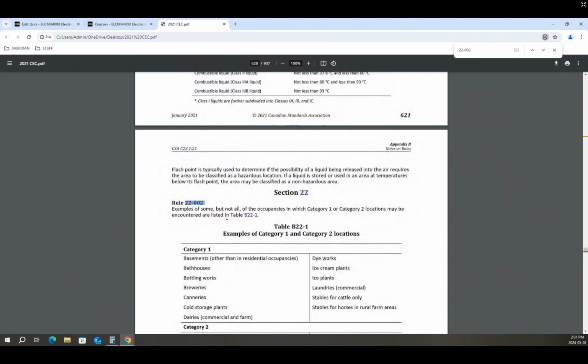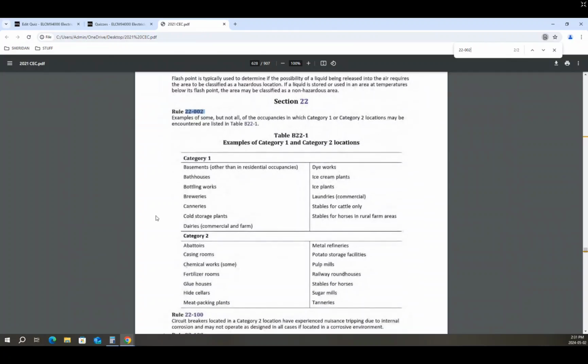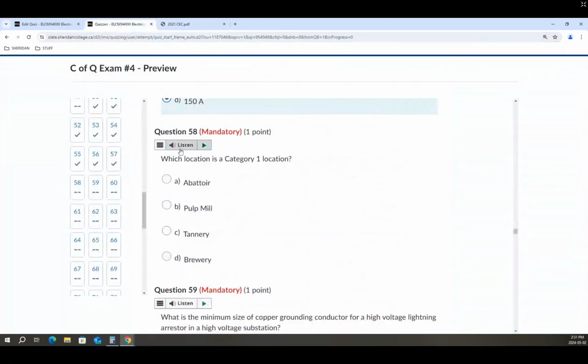Here I'm in Appendix B. Examples of some but not all occupancies of Category 1 and 2 locations may be encountered in the list of Table B22.1, Category 1 and Category 2.